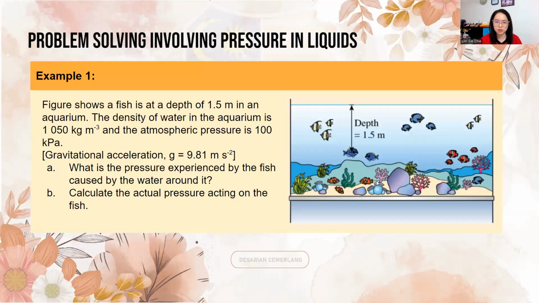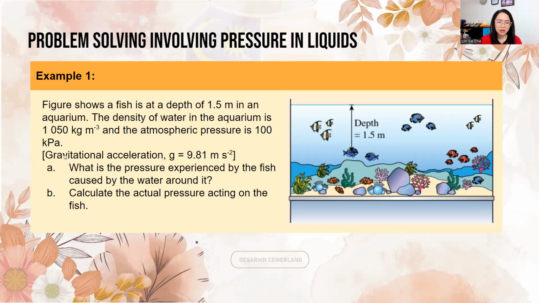Now, let's go into the question. This is the example. For example, the figure shows a fish at a depth of 1.5 meter in an aquarium. The density of the water in the aquarium is 1050 kilogram per meter cubic and the atmospheric pressure is 100 kilopascal. Okay, please remember the unit, it is in kilopascal.